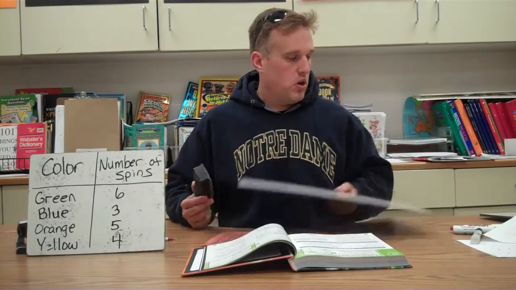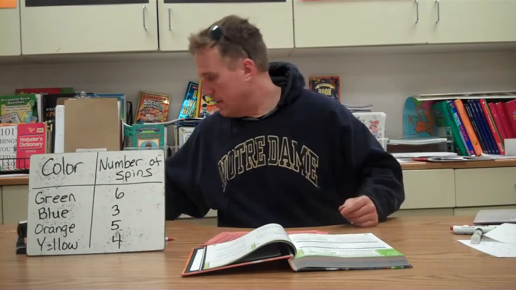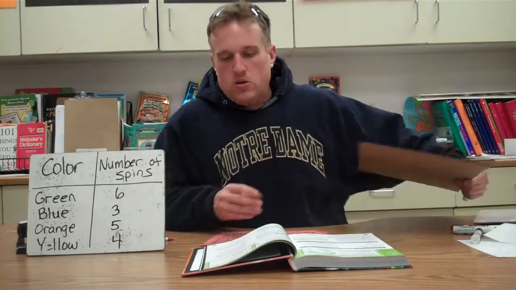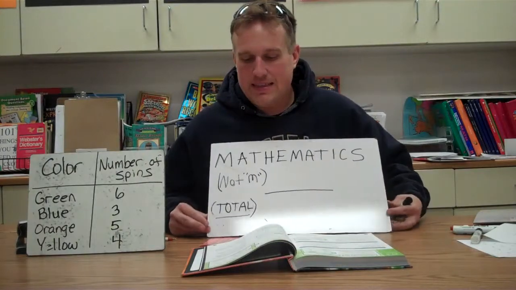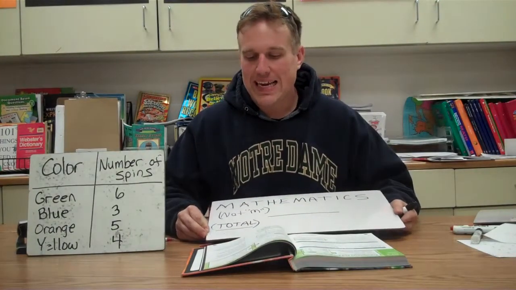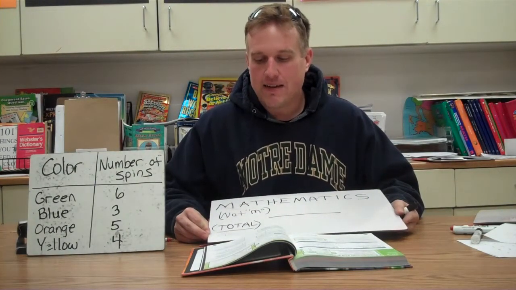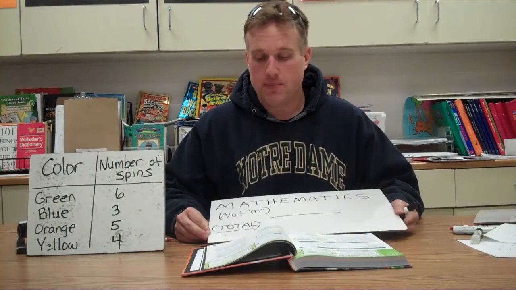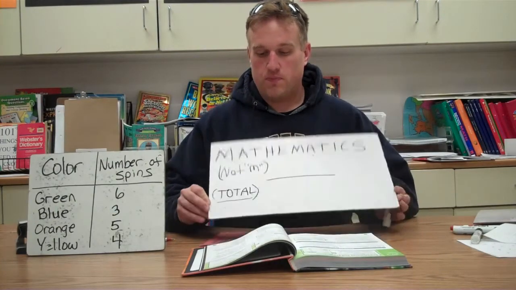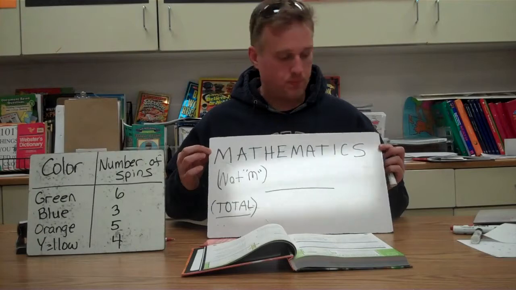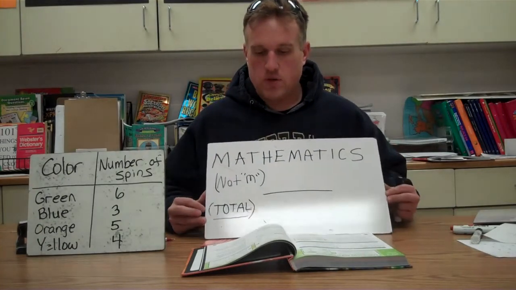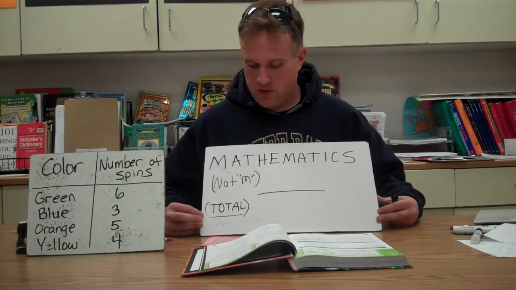Let's look at number 13. It says, using the letters in the word mathematics, find the probability of choosing a letter that is not M. So, we have the word mathematics here. To find the probability, again, we set it up.